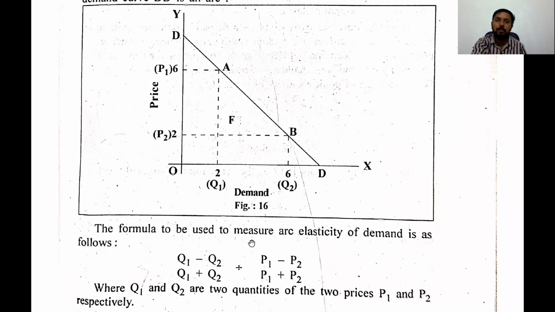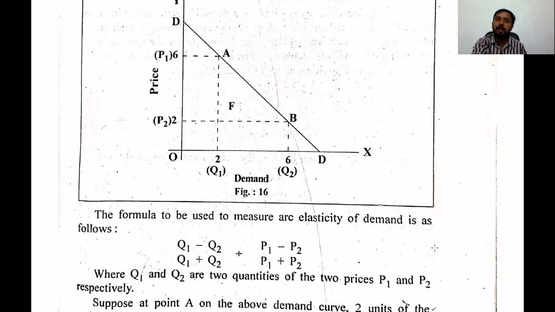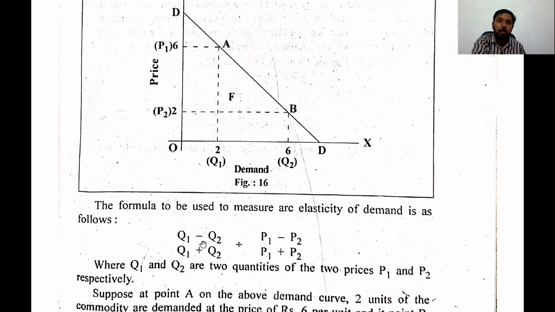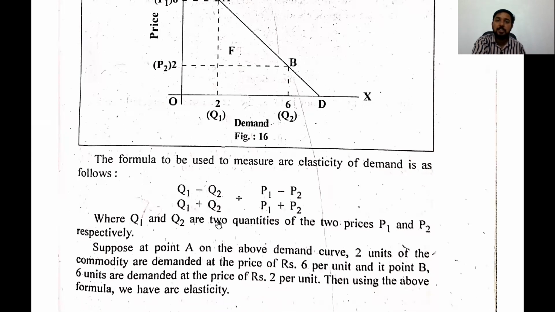The formula to be used to measure the arc elasticity of demand is as follows. Here we are given quantity 1 and quantity 2. So this is the formula that you need to remember for your exam. Quantity 1 minus quantity 2 divided by quantity 1 plus quantity 2, divided by price 1 minus price 2 divided by price 1 plus price 2.